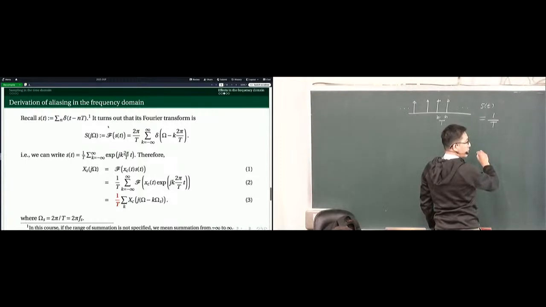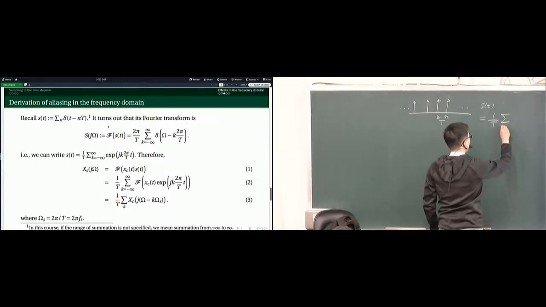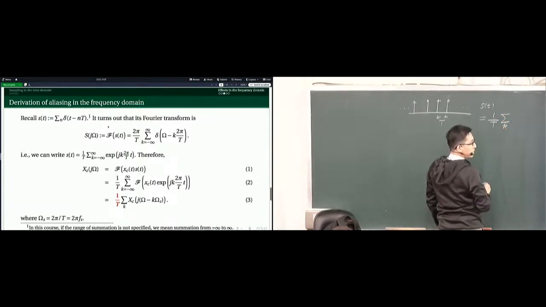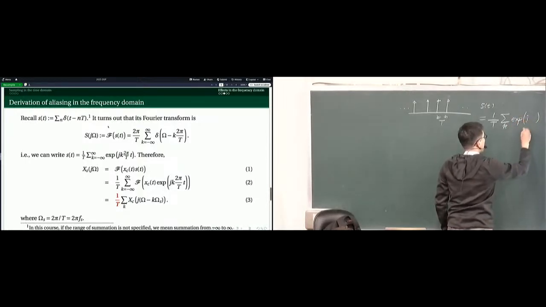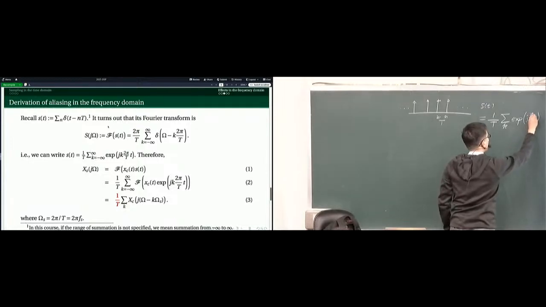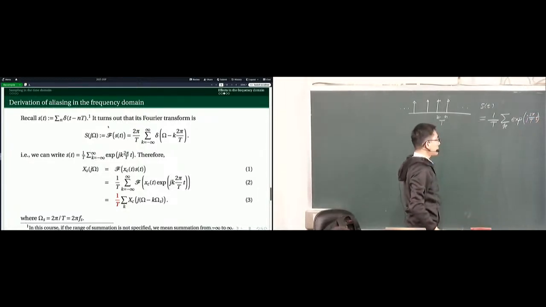I claim that you can write this equation with a sum over k, with all the periodic components, exponential j 2 pi divided by T. This is a Fourier series expansion.